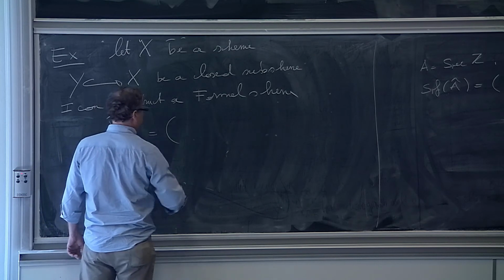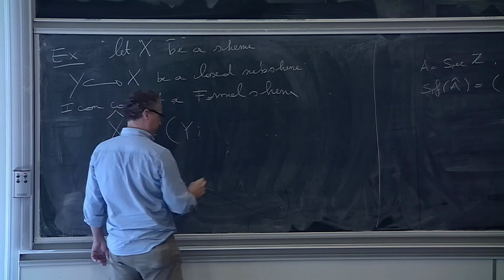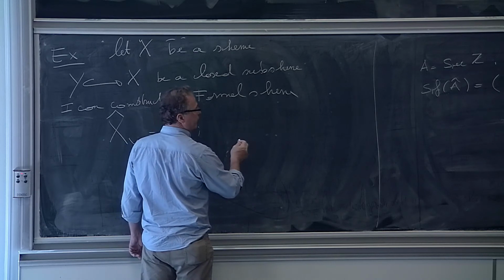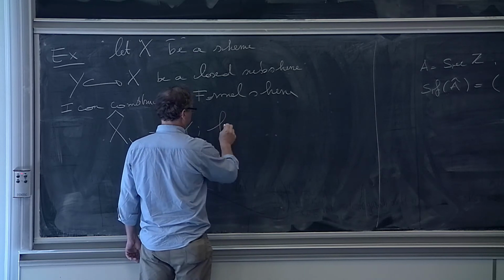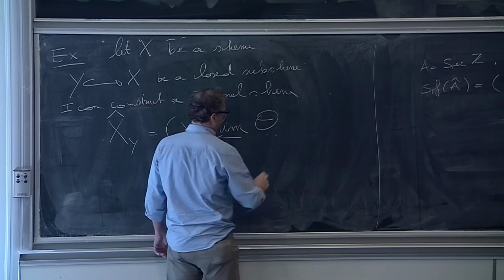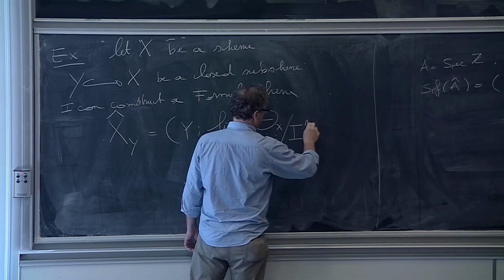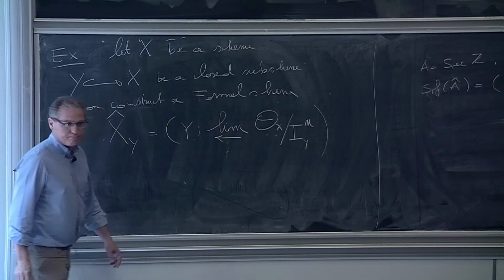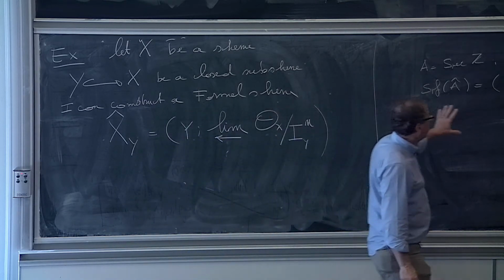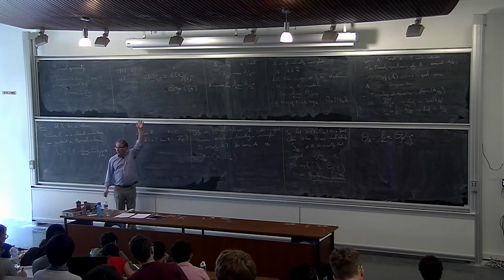which as a topological space is Y, and as a ring, the structural sheaf is the limit of O_X divided by the ideal sheaf of Y to the power n. Okay? This is exactly what we did here and in the example before.